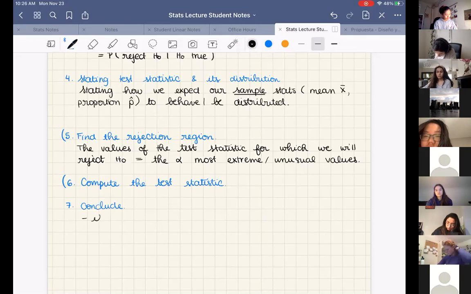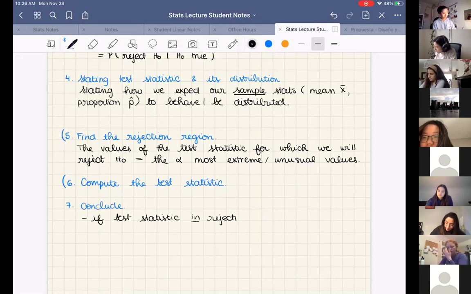If the test statistic falls in the rejection region, then you reject the null hypothesis.